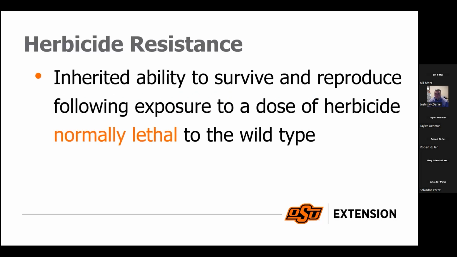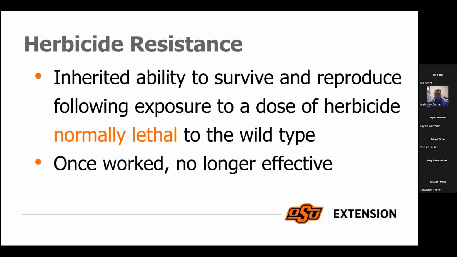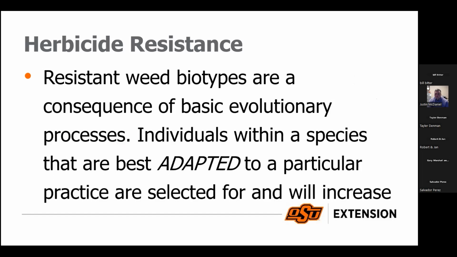The general definition of herbicide resistance is the inherited ability to survive and reproduce following exposure to a dose of herbicide that would normally be lethal to the wild type. Okay. So basically, in other words, what once worked is no longer effective on those plants. Okay.